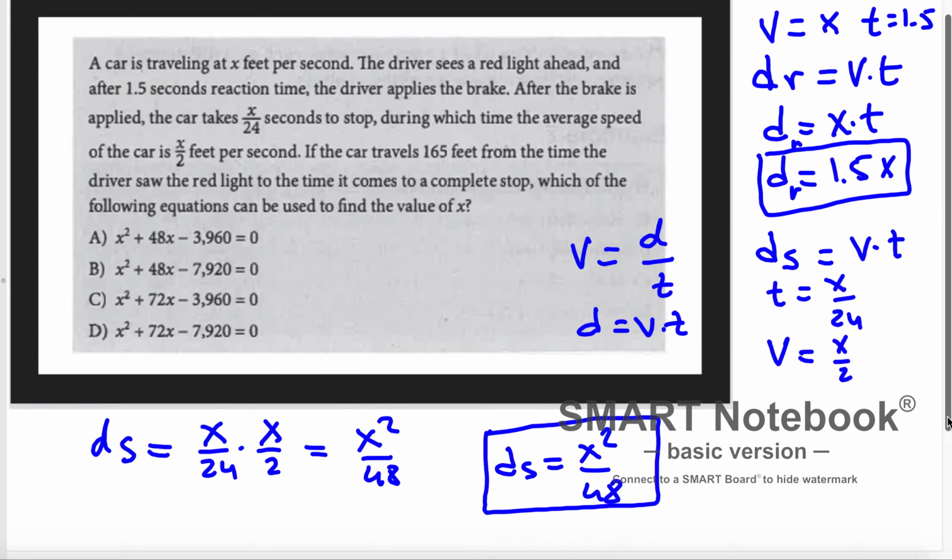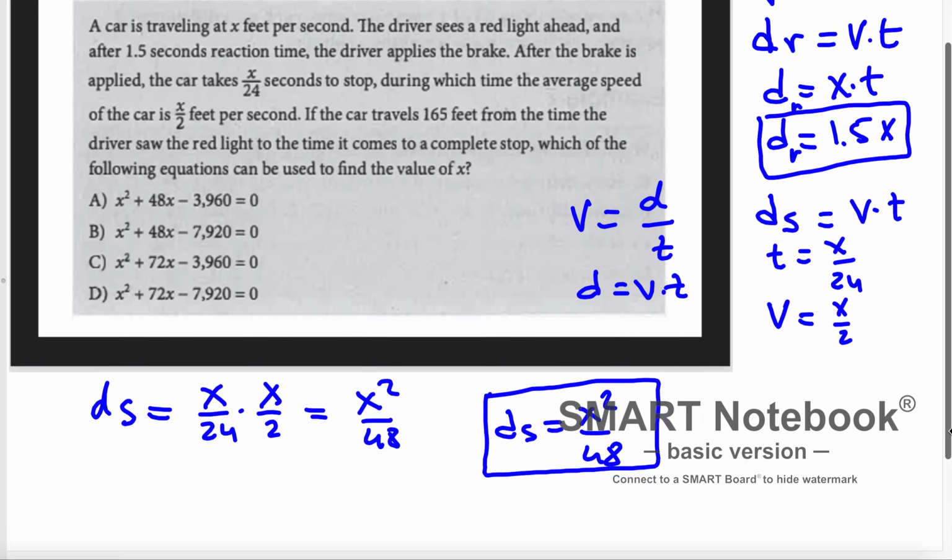And now it says if the car travels 165 feet from the time the driver saw the red light, so this is reaction time, to the time it comes to the complete stop, which of the following equations can be used to find the value x? So the distance from which he saw the red light is the driver's reaction distance plus driver's completing the stop.